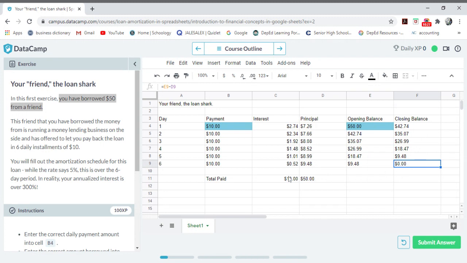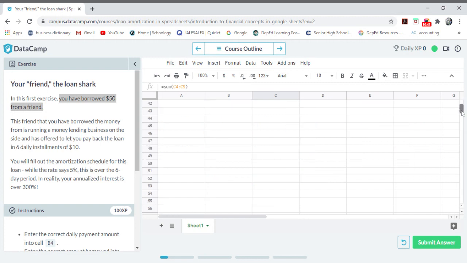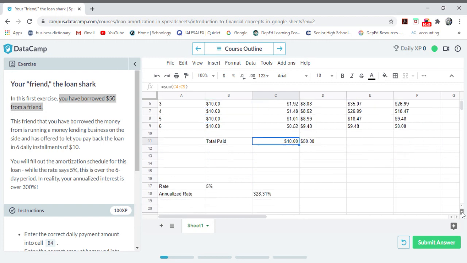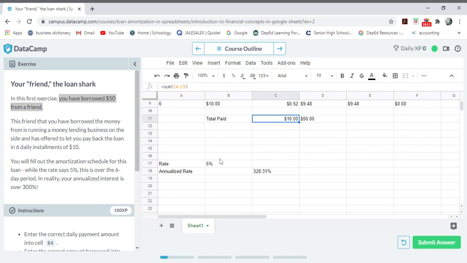And if you add all your interest, you will have a $10 interest. And if you check this one, you would see that your rate is 5%. That's correct.